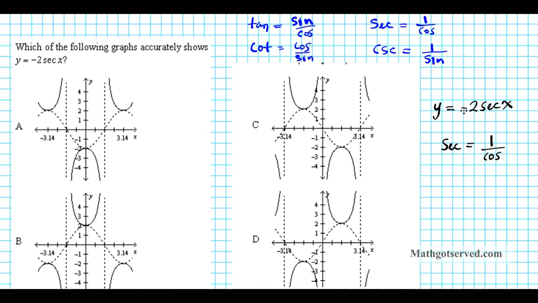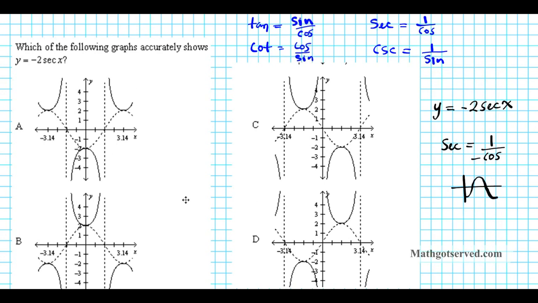But we have to be careful here, there's a negative. So we're going to be looking at the negative cosine. What does a negative cosine function look like? Remember, the positive cosine is like a cup opening up, so the negative cosine is like a cup upside down.